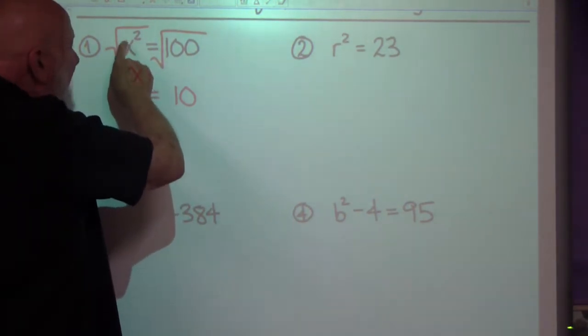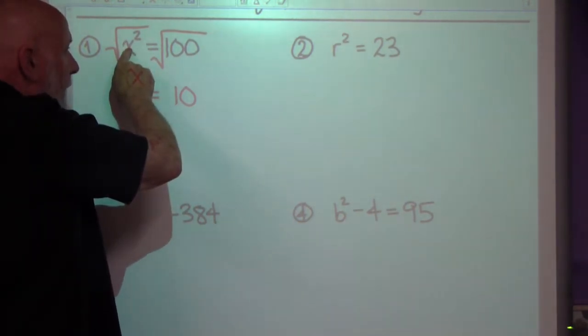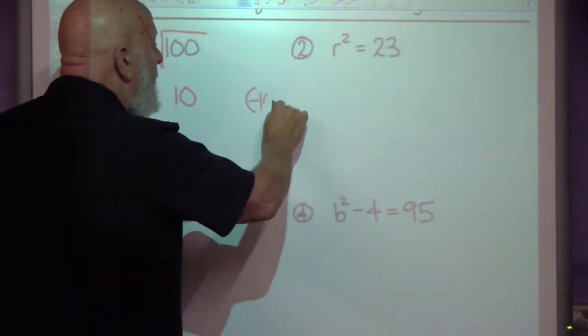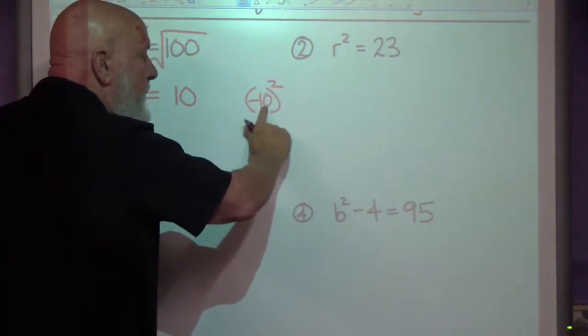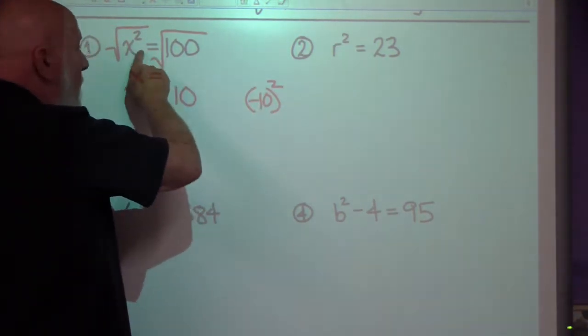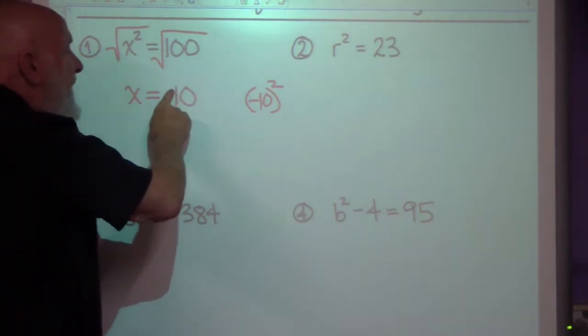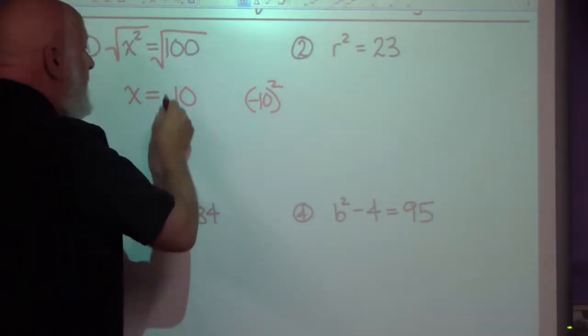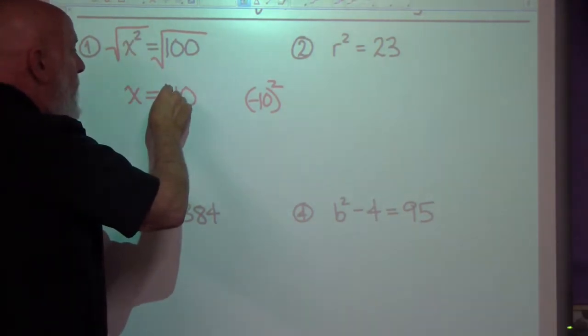If we put in a negative 10, negative 10 squared, and remember those parentheses are absolutely necessary, is also 100. So 10 is not the only solution of this equation. Positive 10 will make it work, and so will negative 10.